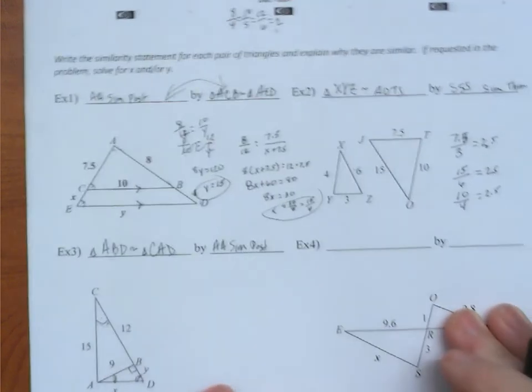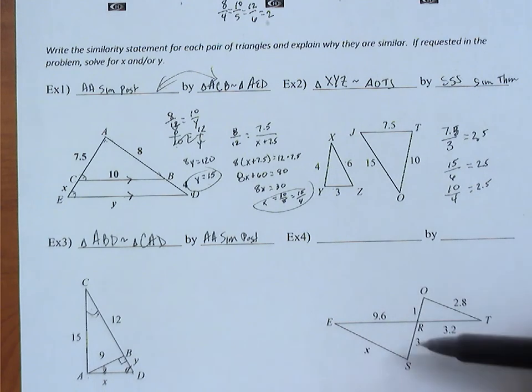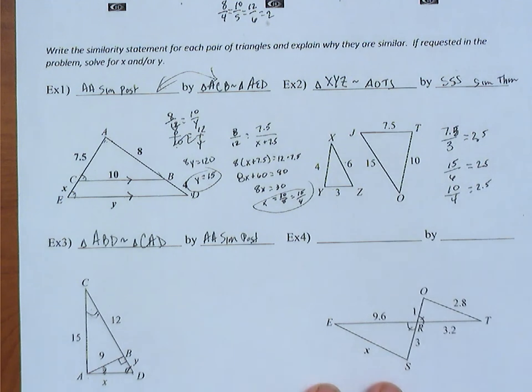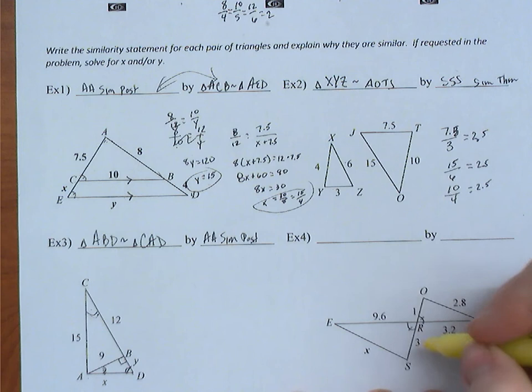Alright, now on to our next one. I have vertical angles. So I know that if I have an angle, and the relationship of the sides that enclose it is proportional, then the triangles are similar, right? So here are the sides.